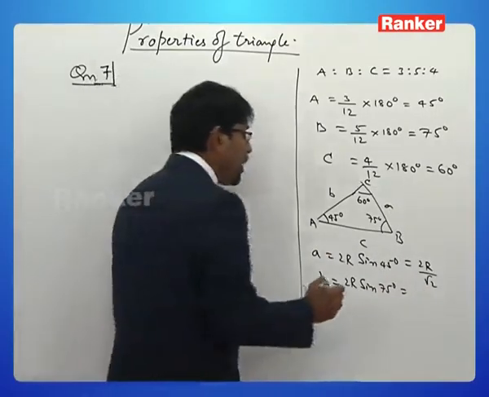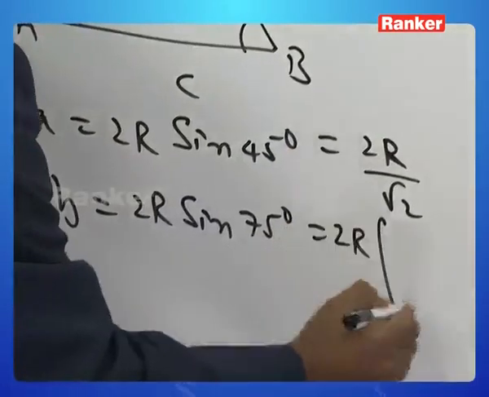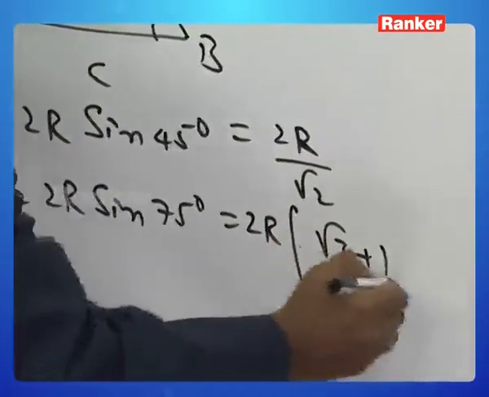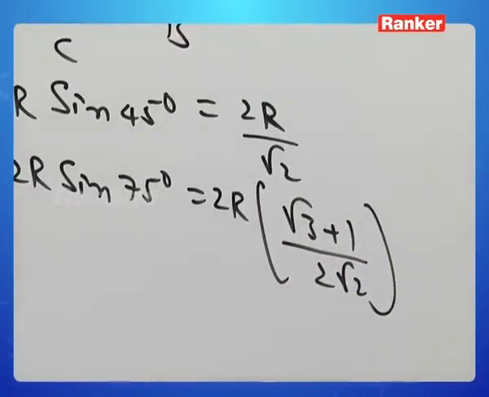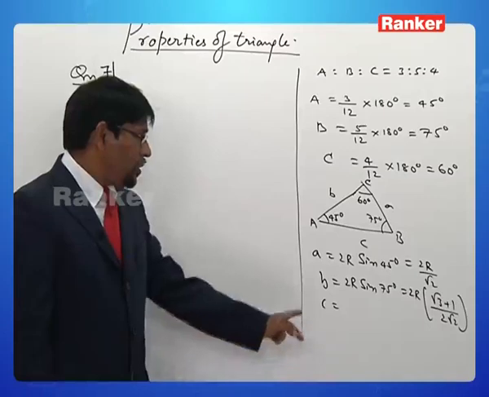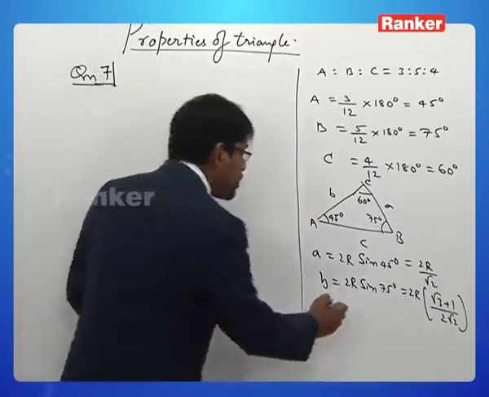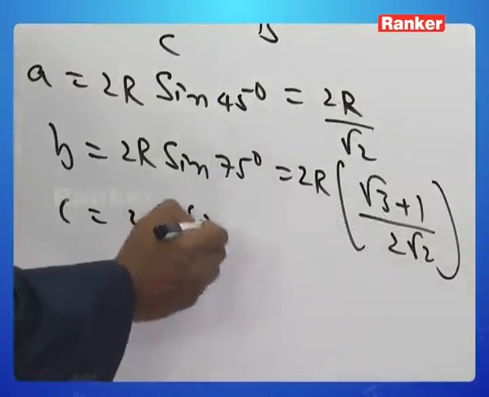What is sine 75? Root 3 plus 1 by 2 root 2. And small c is equal to 2r sine 60.